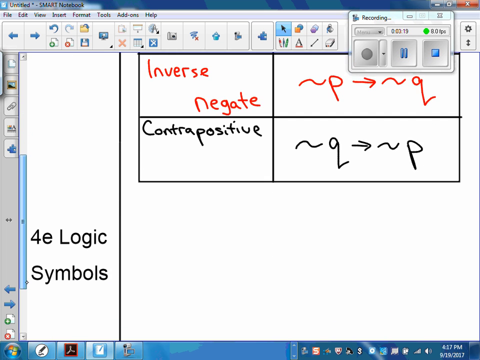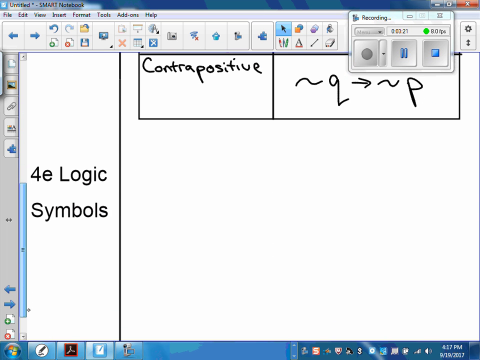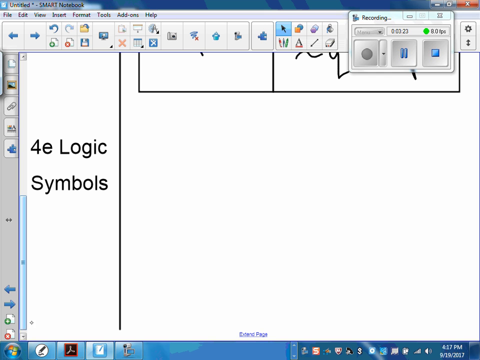Moving along to 4E, we have some logic symbols. And these symbols, some of them you've already been seeing. Let's make sure we all understand them. The if-then, as you've seen, is strictly just that arrow. We can think of that if-then statement as being summarized with the arrow.